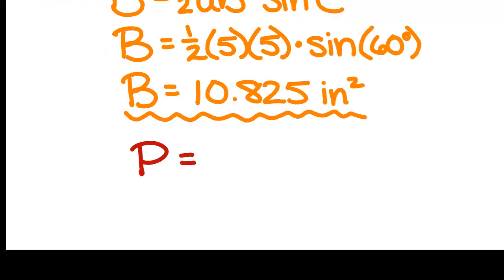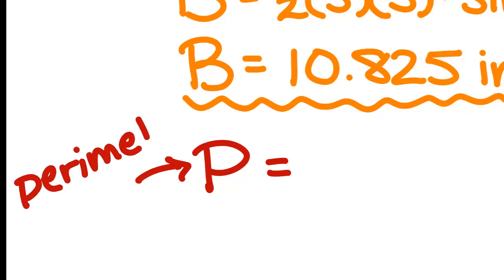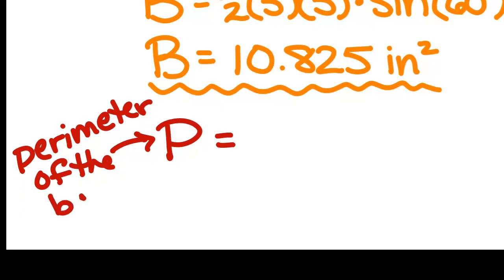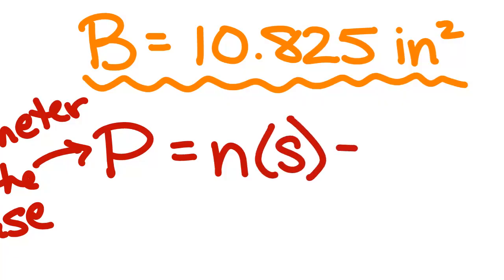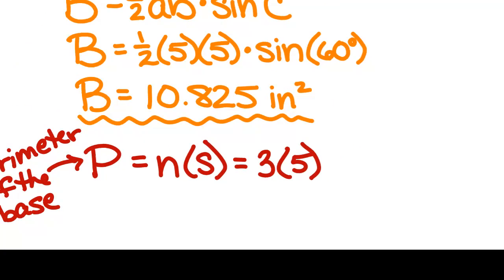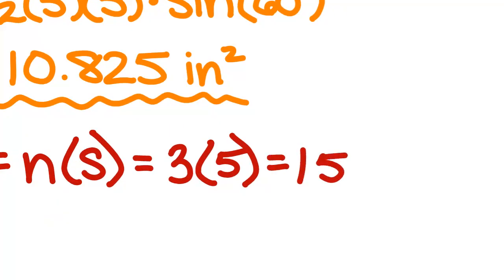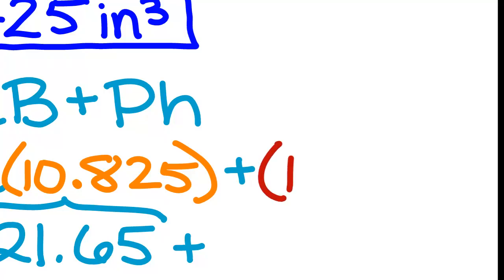The perimeter of the base, I have to add all the sides of the base. How big are all the sides of the base? 5. And how many sides do we have? 3. So I'm going to do number of sides times the length of each side. 3 sides, each side has a length of 5. So we have a perimeter of 15 inches. So we're going to put 15 in for P times the height of the prism.